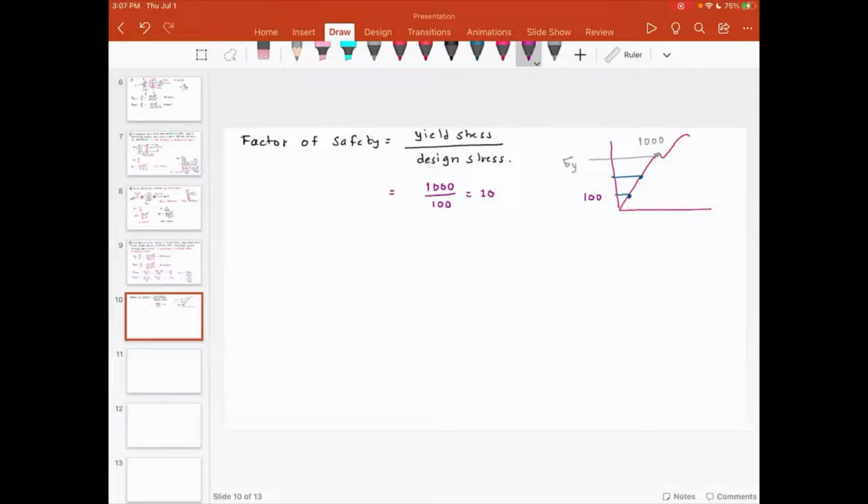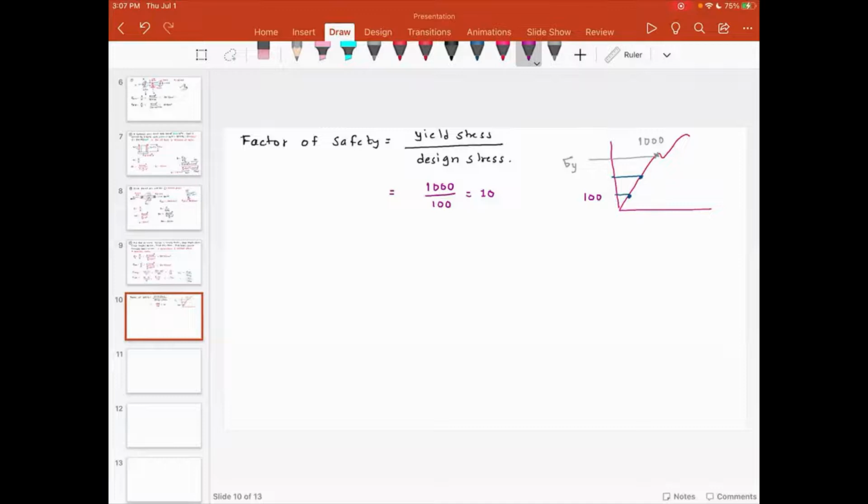So selecting a proper factor of safety is an important concept, and you should always be mindful of the application, the material, and the type of loading conditions that the material will be subjected to, to come up with an appropriate factor of safety.